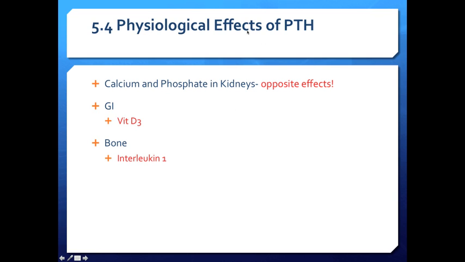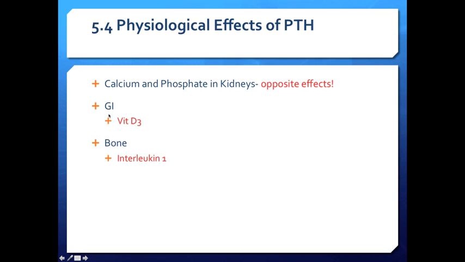In terms of physiological effects, we know from previous slides that calcium and phosphate are usually opposite in concentration if we're talking about tissues that are out of bone. So in the kidneys, they have the exact opposite effect. We preserve the calcium in the kidneys, so excretion is decreased, reabsorption is increased, and the opposite thing happens with phosphate.